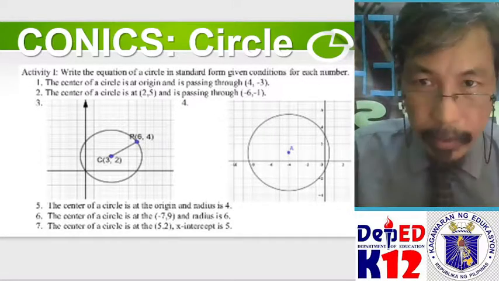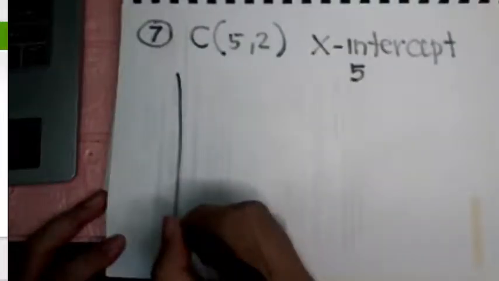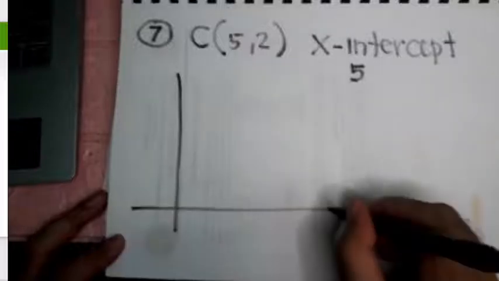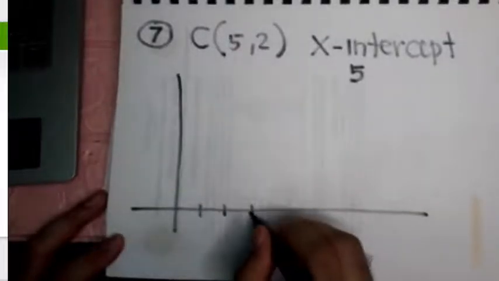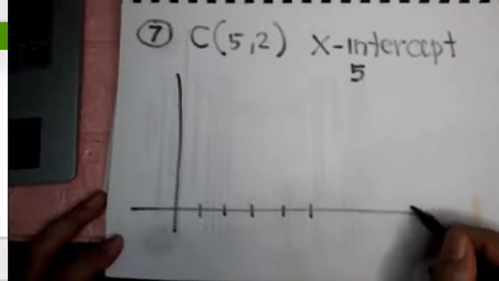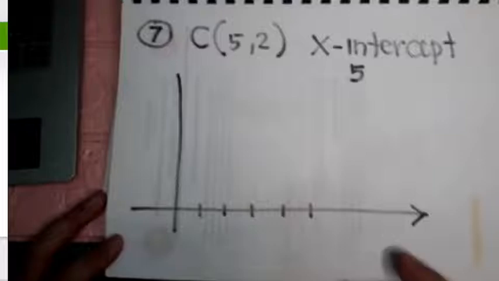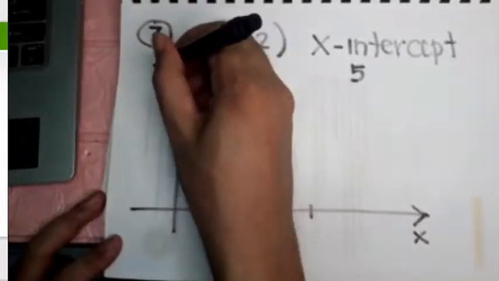So the center is 5, 2, and the x-intercept is 5. If you cannot imagine, let us draw a graph and count. 1, 2, 3, 4, 5. This is the x-axis, this is x, and this is y.